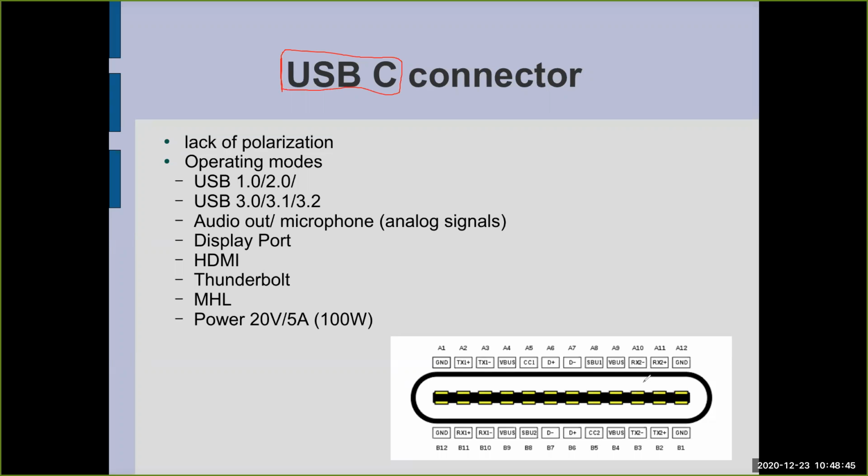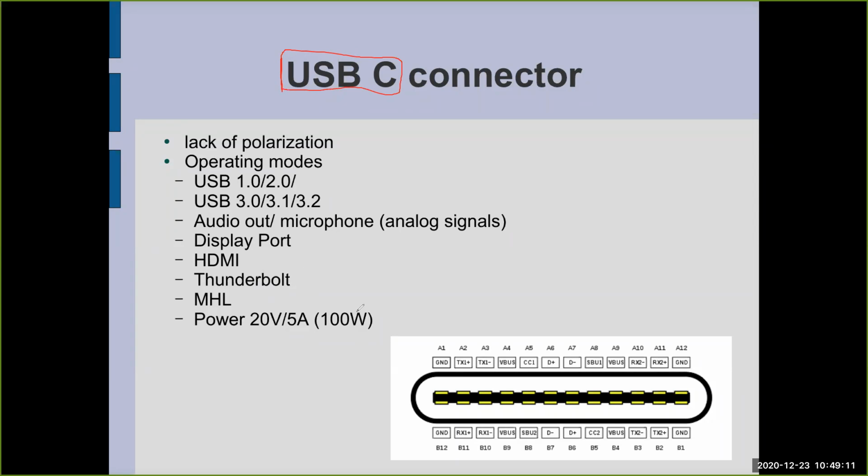Good comparison. Inside this connector, we can have USB 1 or 2, USB 3 interfaces, an audio out interface or microphone interface, DisplayPort, HDMI, Thunderbolt, MHL, and power supply.